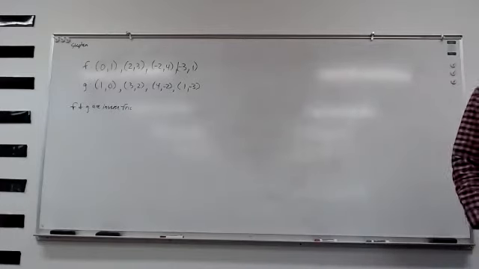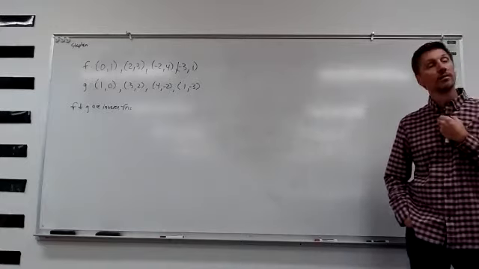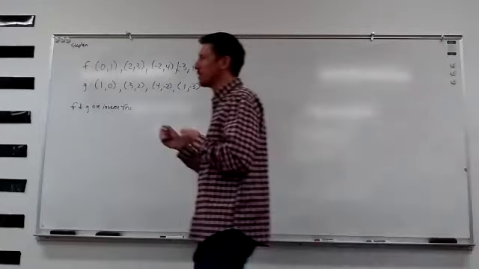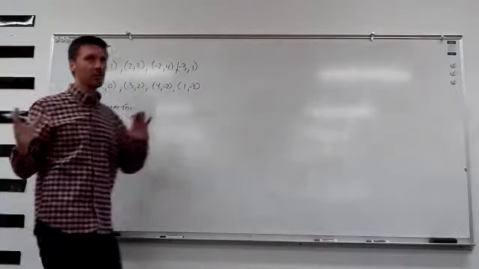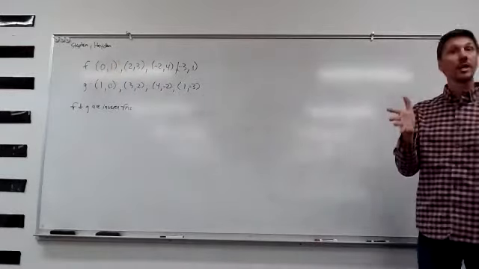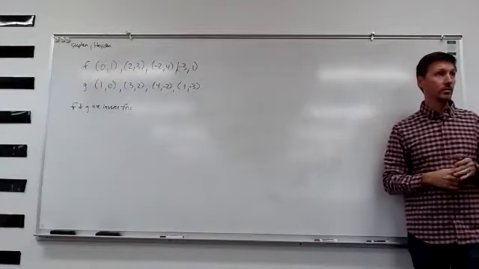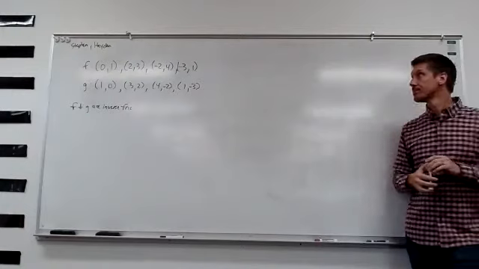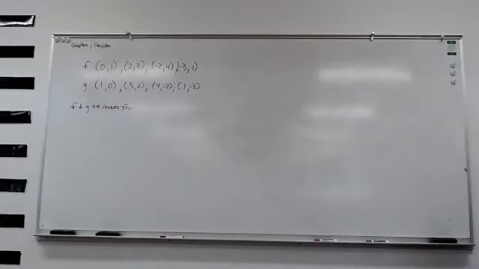If we're talking about domain, are we thinking about the possible values for x or the possible values for y? For x. The domain is the possible values for x. So don't ever lose that concept, right? That'll be a place for you to always come back to if you get confused on a problem: domain is the possible x values. If I'm talking about range, I'm talking about the possible y values. Make sense? So basically, the inverse function is just the exact opposite of the other function. You're just switching the values around, right?